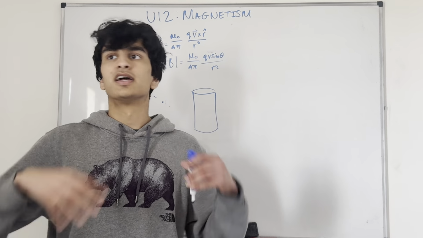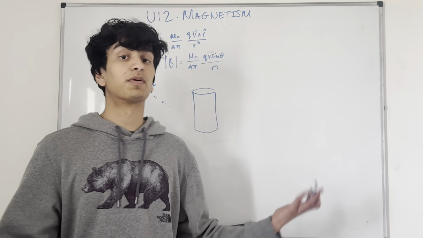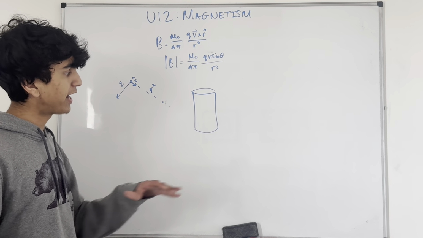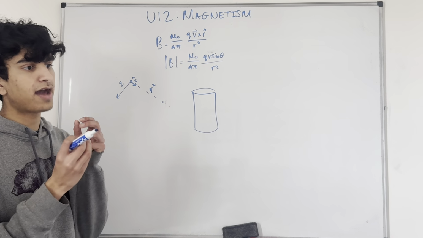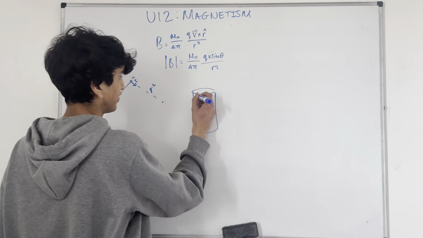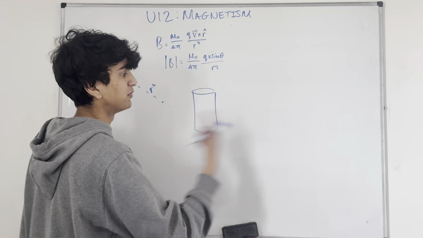Once again, not really true, but for the purposes of this class, we can simplify it like that. And what happens in a magnet is that all of the atoms are aligned so that the electrons are spinning in the same direction.